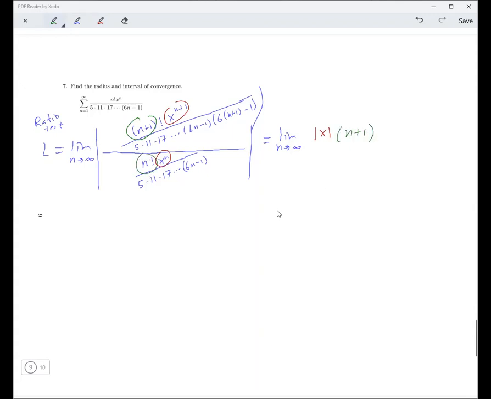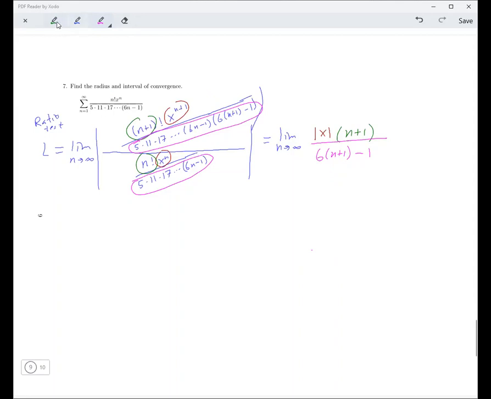And then finally, this and this, all of these terms cancel out all of those terms, and you're only left with this term here, but it's in the denominator. So like that, 6 times (n plus 1) minus 1.